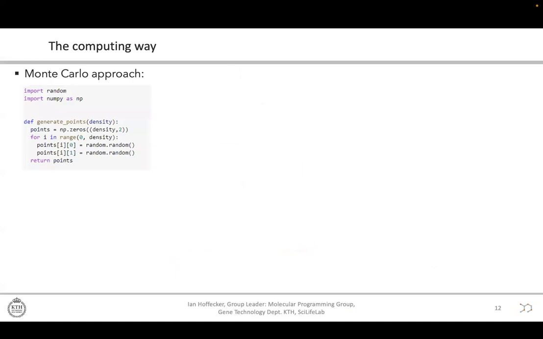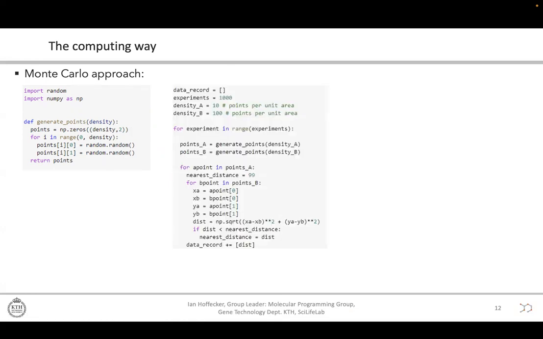This is much simpler. If we look at this piece of code, we just generate a random number from 0 to 1 for an x coordinate, and a random number from 0 to 1 for a y coordinate. We can do this according to some density, so we can specify how many points we want to make, and we just generate a bunch of random points.